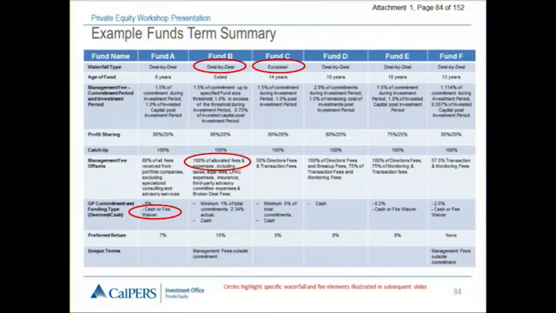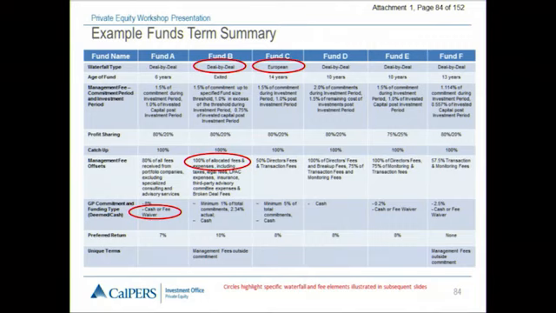I think the point is, there are almost countless iterations of how these terms can play out within our portfolio. What we wanted to do is choose some that would be representative.